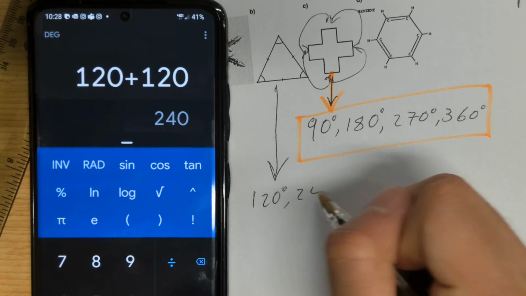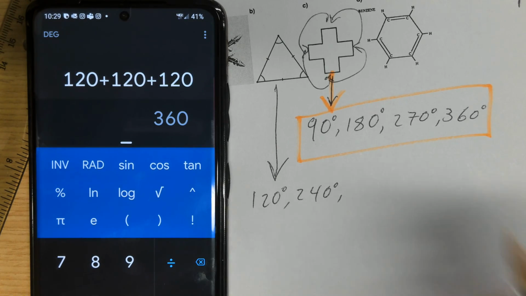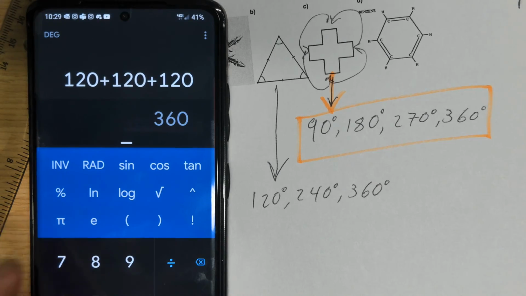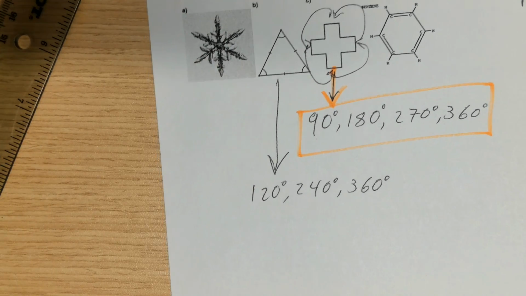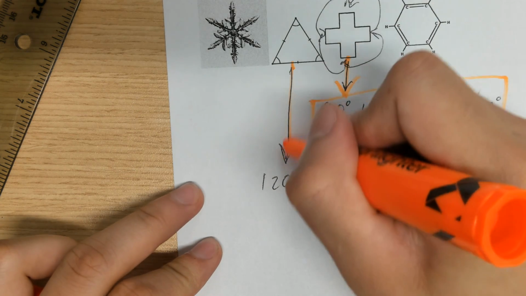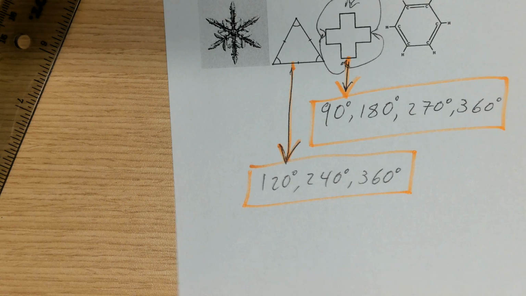That's 240 degrees plus another 120. Oh look, I get 360. And I can stop once I get to 360. So the triangle, that's it. And guys, that's it. I think question 3 is like the toughest.